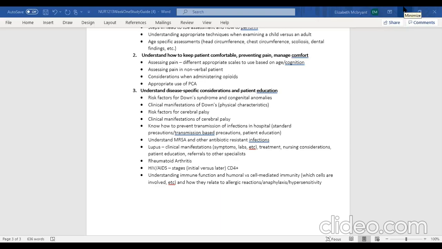That's why I say look at the PowerPoint, because some stuff you don't need to waste your time reading about. Just remember nursing considerations. I'm becoming a nurse. Those are the only things you need to be concerned with. What is my job as a nurse? What do I really need to know?